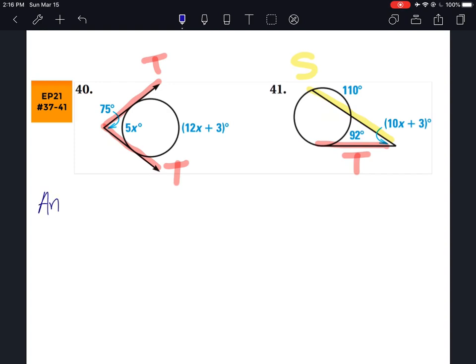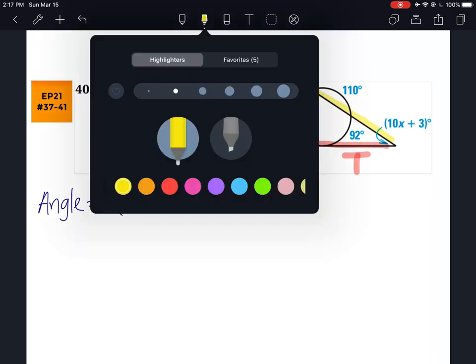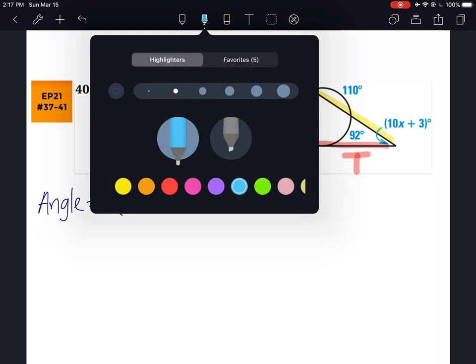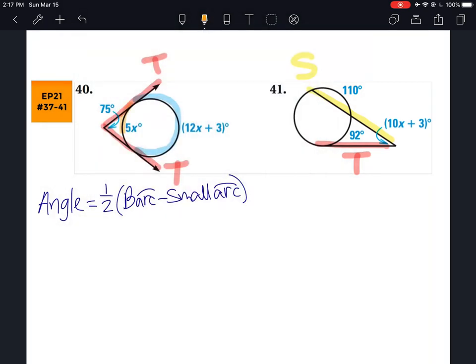So the formula is the angle equals 1/2 the bigger arc minus the smaller arc. So now let's see what that means. So just to color coordinate, from here to here would definitely be known as the bigger arc. Now we're comparing it to the smaller arc, which would be the 5x.